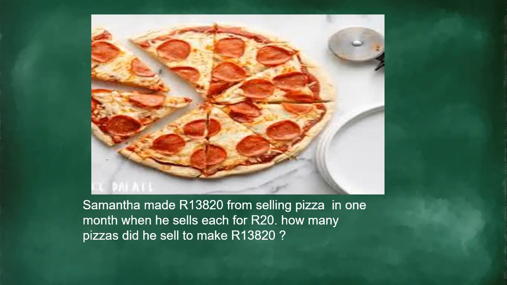Samantha made 13,820 from selling pizza in 1 month. When he or she sells each pizza for 20 Rand, how many pizzas did he sell to make 13,820? Sometimes Samantha is for he, or sometimes for she.